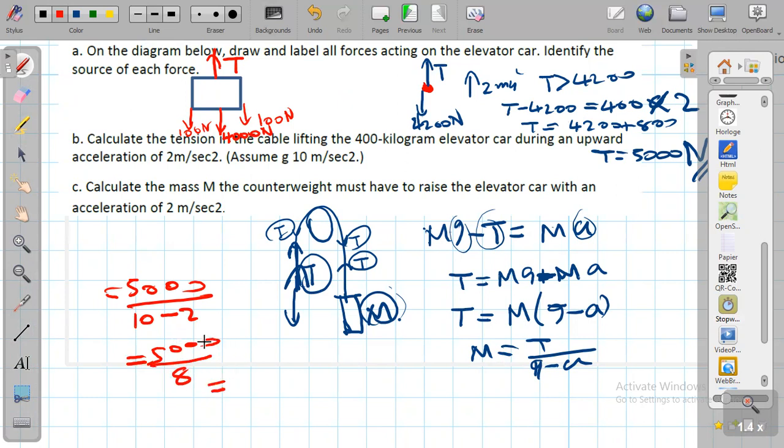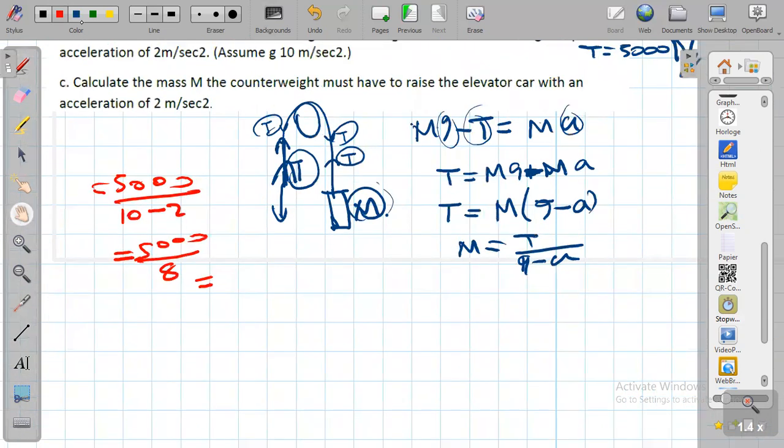So 800, that's about 650 Newton. Did you get this value?